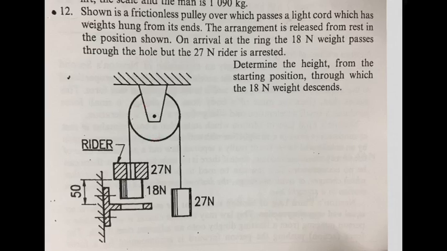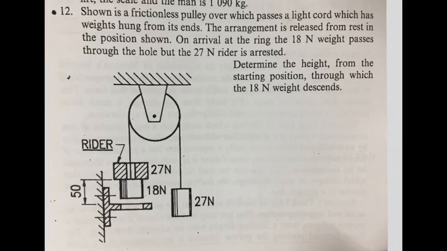So to start with, we're going to have motion down, motion up, acceleration down, speeding up, acceleration up, speeding up. Then the 27 Newton weight gets taken out of the picture, and suddenly from that point onwards 18 is less than 27. So we're going to have deceleration, and ultimately it's going to come to rest at a point.